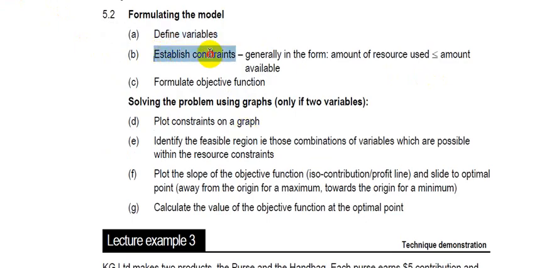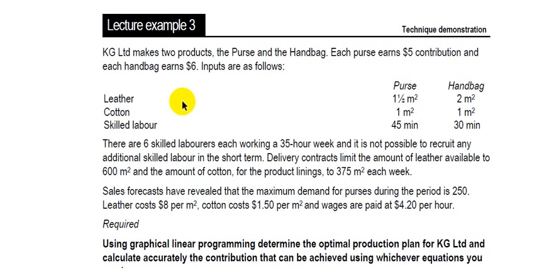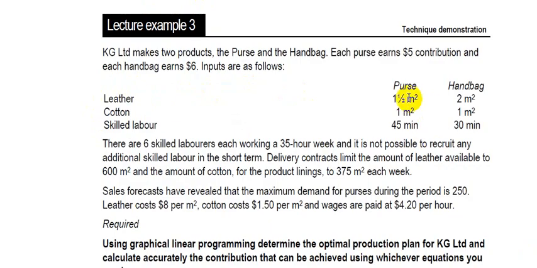Next, you establish the constraints. We've got leather, which we know is limited, cotton is limited, the skilled labor are limited. So the leather, that's our constraint. 1.5 square meters is required for the purse.